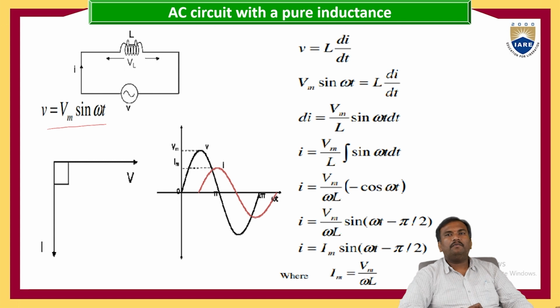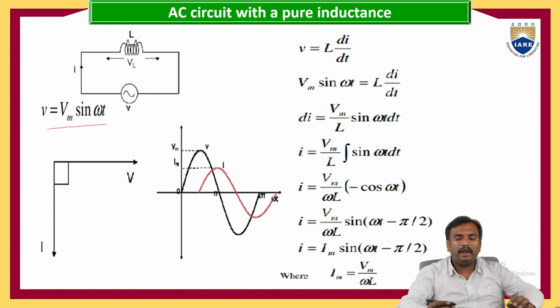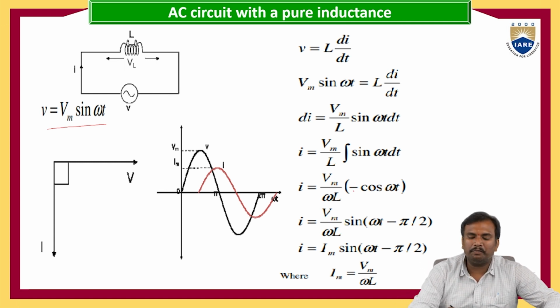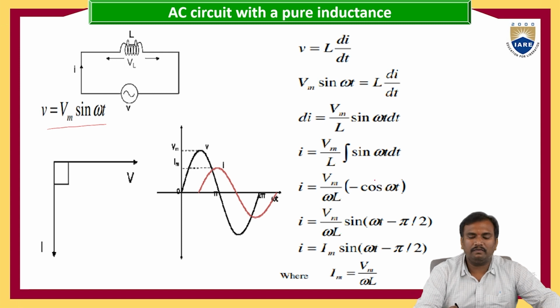But when we want to compare the two waveforms, we should have the same magnitude, that is either positive or negative magnitudes, as well as either sine or cosine function. So in order to get this negative cosine value in terms of sine, we are writing minus cos omega t as sine omega t minus pi by 2.